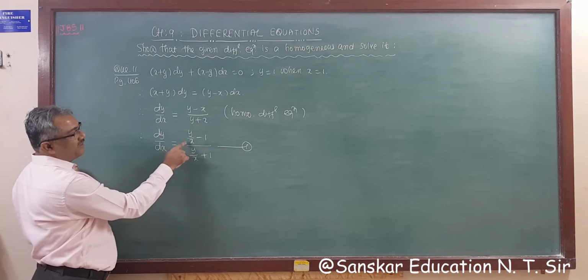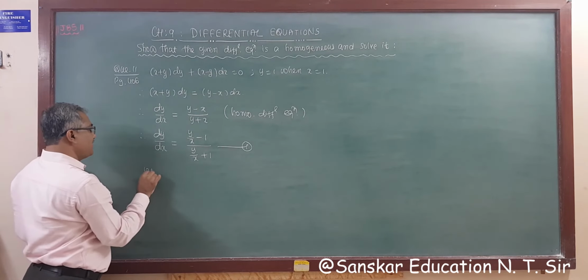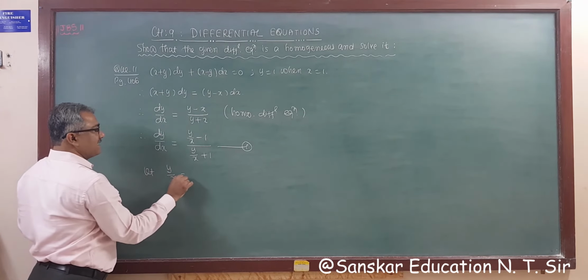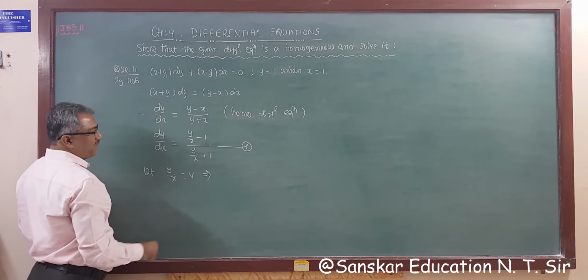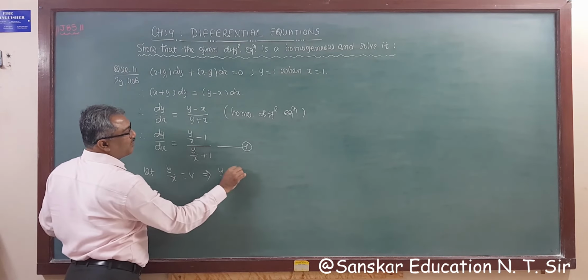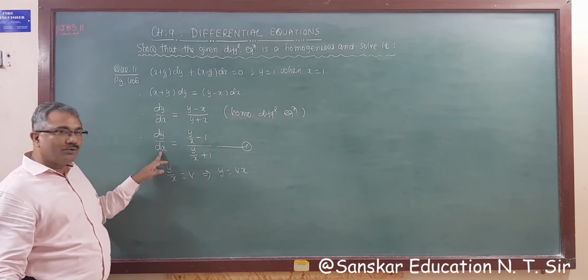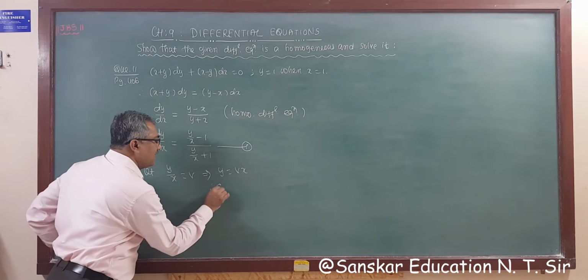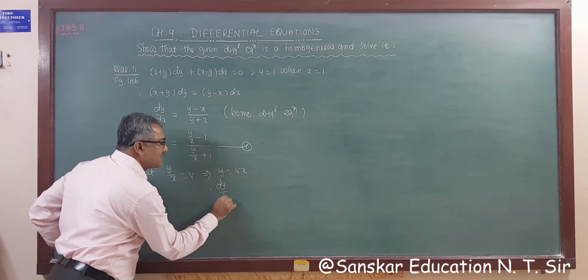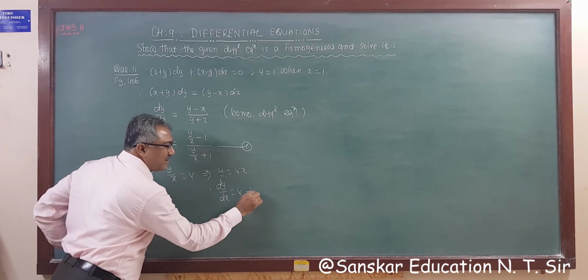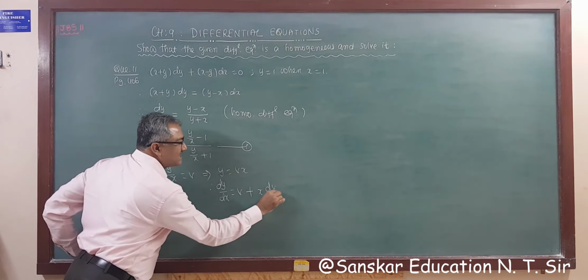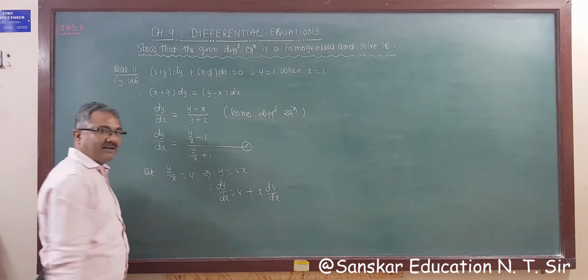So now substituting y by x is equal to v. So we assume that let y by x is equal to v. So this implies y is equal to vx. Now differentiating this with respect to x, we get dy by dx is equal to v plus x dv by dx. You know this, it has become learned by heart.